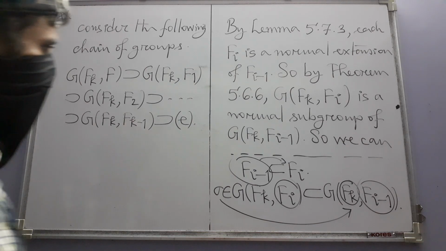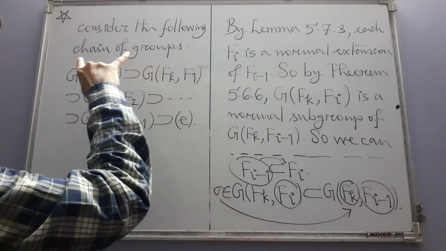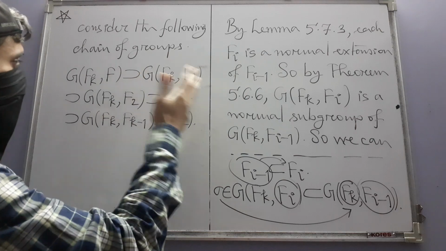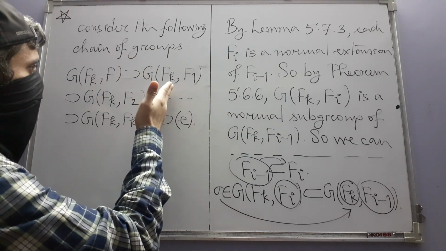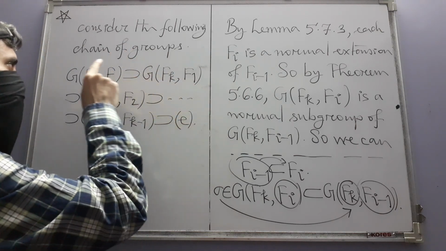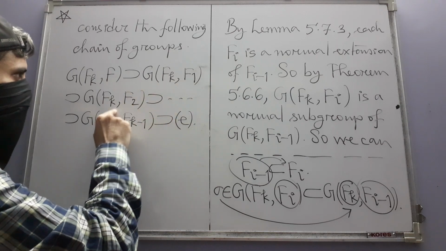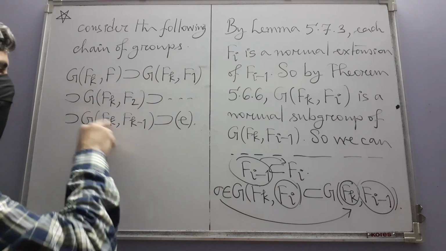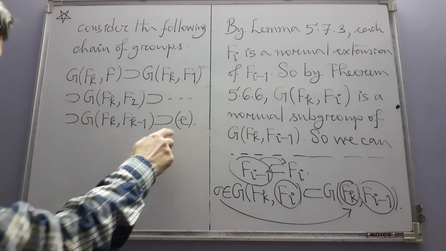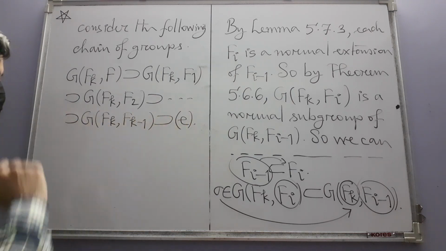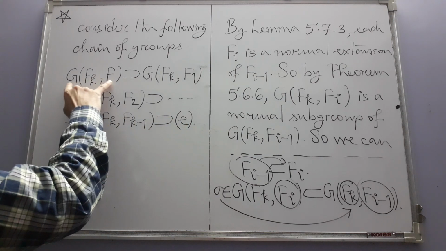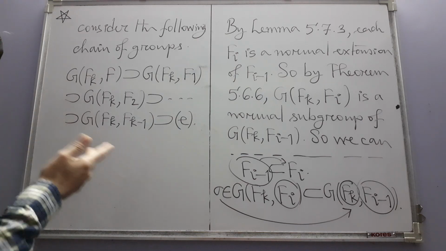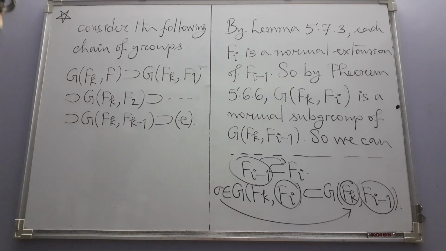Okay, so we have already said that each group in this chain is a normal subgroup of the previous one. This is a normal subgroup of this, this is a normal subgroup of the previous one, and this of course in a trivial way a normal subgroup of this. This of course does not have any previous one, so the statement doesn't apply to that.